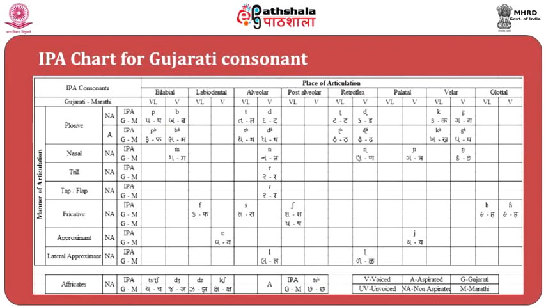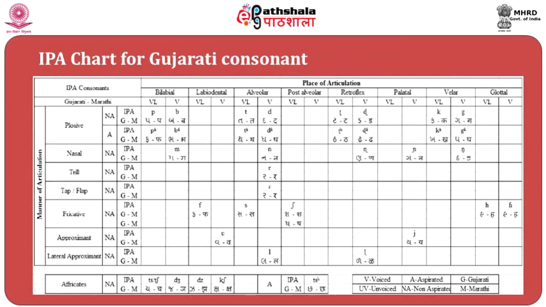You can see the Gujarati transliteration as well, and on the left you can see the manner of articulation, that is whether it is plosive, nasal, trill, tap, flap, fricative, approximant, or lateral approximant.